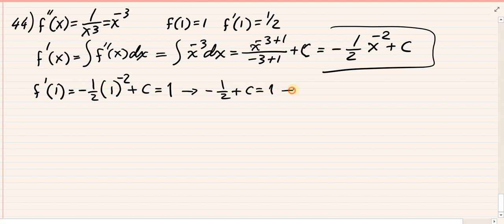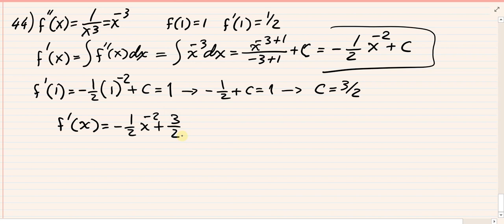Add 1/2 to both sides and c becomes 3/2. Therefore f prime of x is going to be negative 1/2 x to negative 2 plus 3/2. True? So that's what we have in number 44. So that's our first constant.